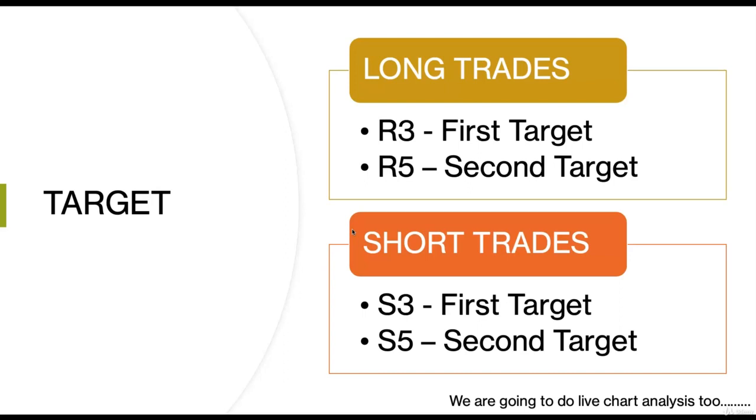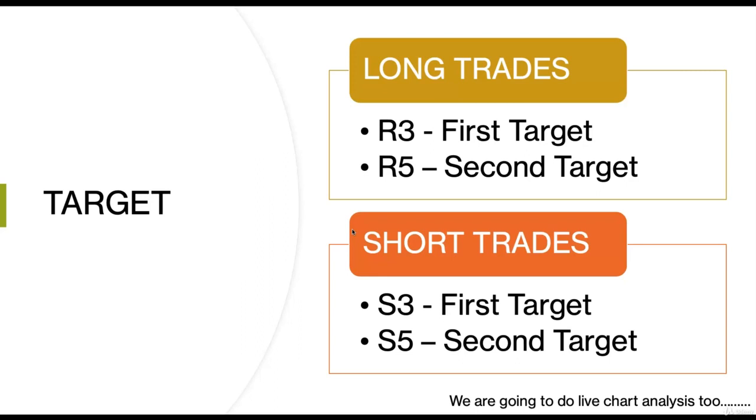If you are taking 10 lots in Bank Nifty, whenever your first target R3 is achieved, you are going to remove 6 or 7 lots and hold your position with 3 lots.